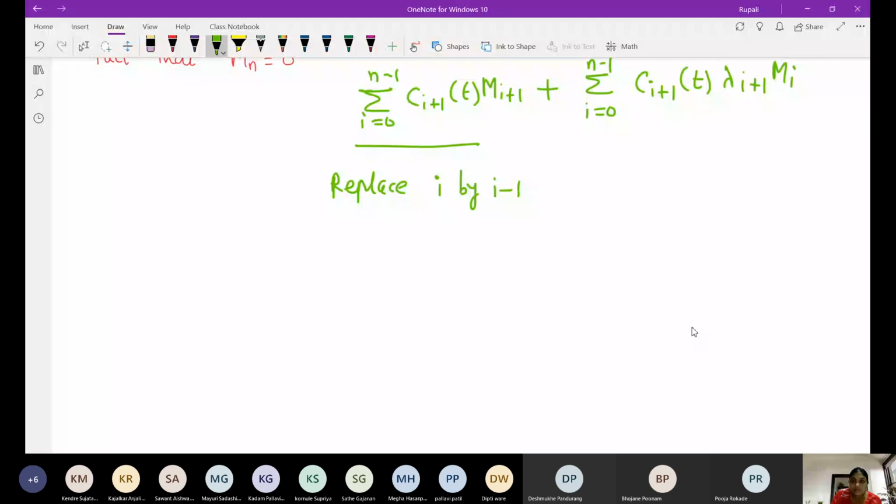When i is equal to 0, j will be minus 1.